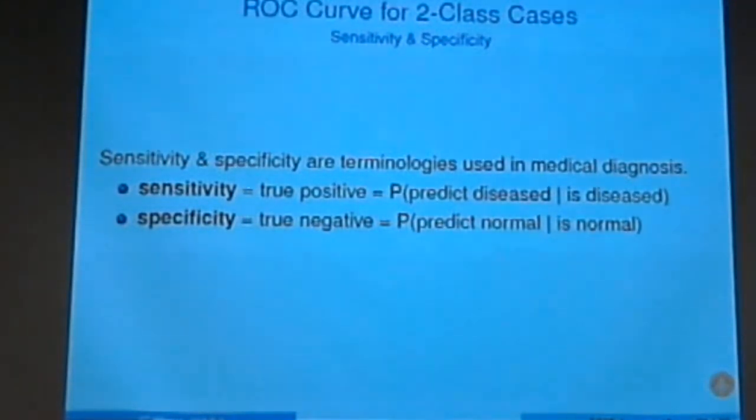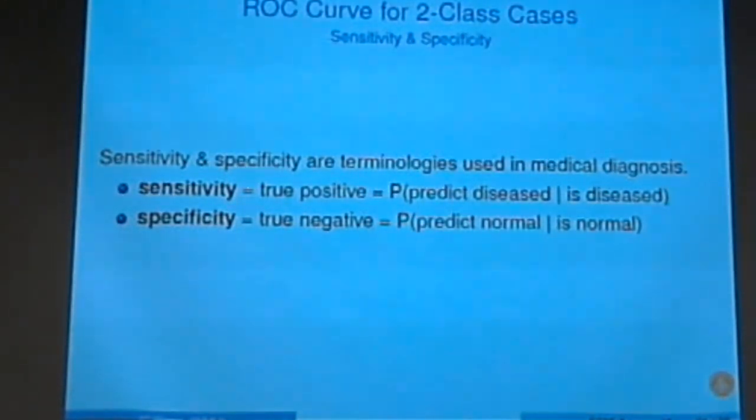If you have two-class cases, sensitivity is a conditional probability: if the actual subject is diseased, then you predict disease. So that's a successfully classified result, and we can apply this in our two-class classification.